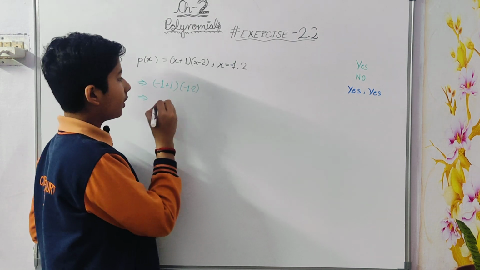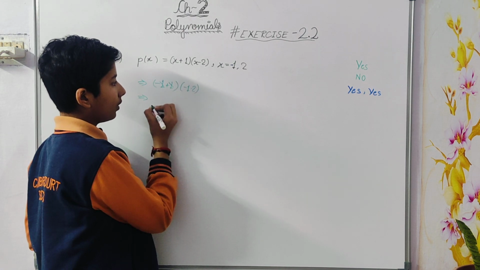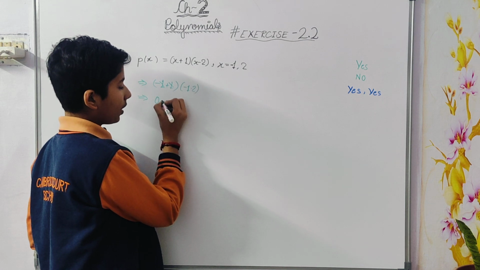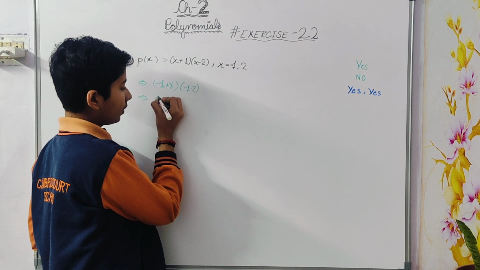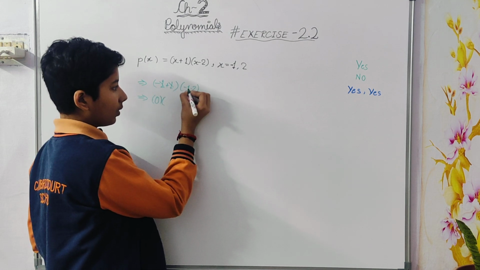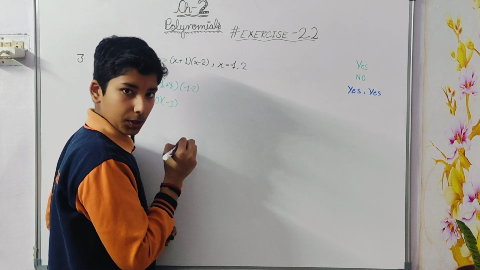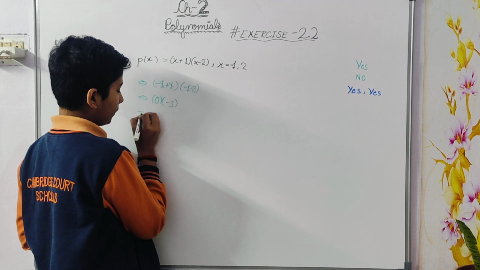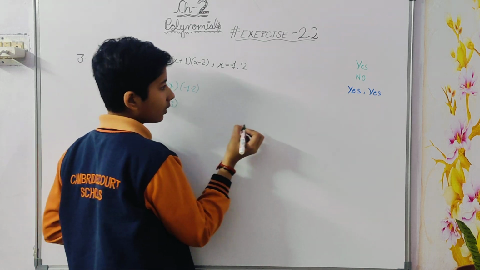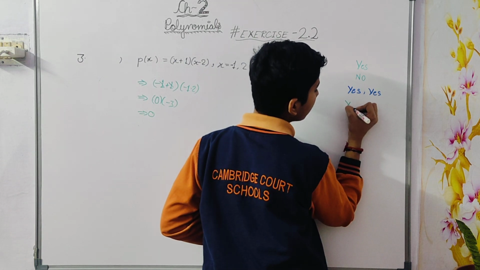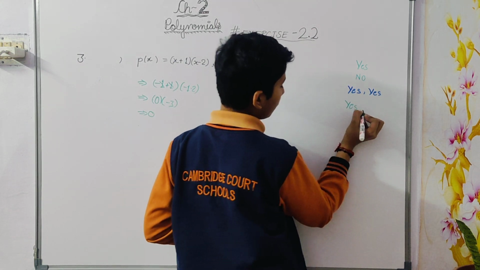Minus 1 plus 1 will be 0. So 0 multiplied by minus 3, and 0 multiplied by anything is always 0. So our answer is 0, hence here it will be yes, comma.